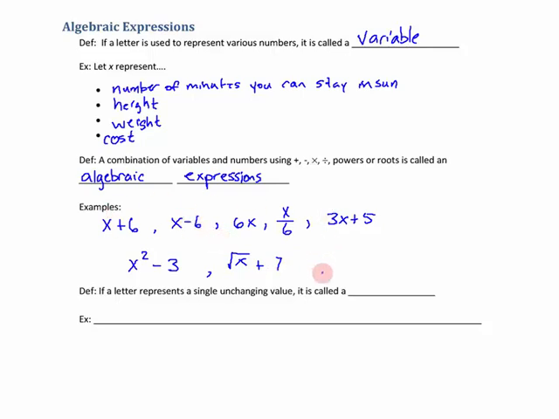Now, in some special circumstances, we may use a letter to represent a single but unchanging value. In that case, it is called a constant. For example, if I were to let d be the number of days in a year, that doesn't change throughout the problem or throughout any problem, right?